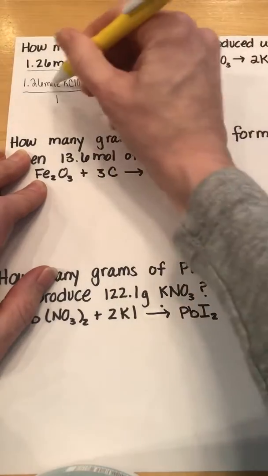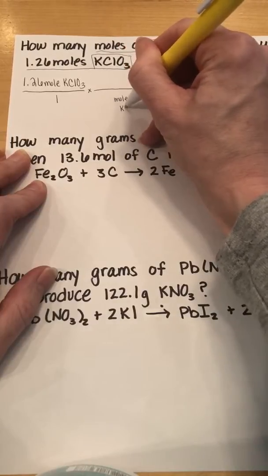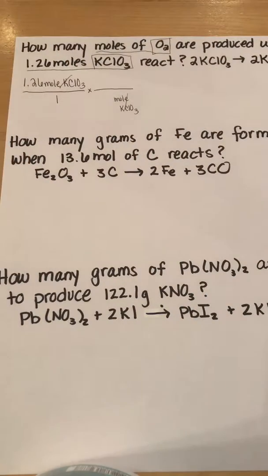And then my unit on top is going to go on the bottom. And then my question is, what am I going to convert to? For this problem, I am just asked to go from moles to moles again. So it's just that one step, that mole ratio step.